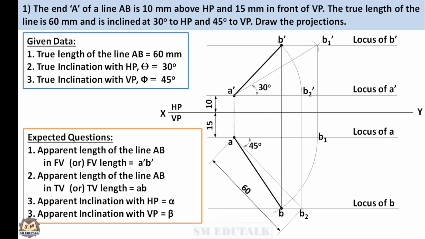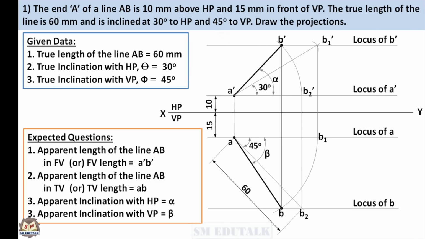If you are asked to find the apparent inclination of the line AB in front view, that is angle of front view alpha, or the apparent inclination in top view, that is angle of top view beta, then you can use a protractor to measure the inclination of these lines and write your answer.